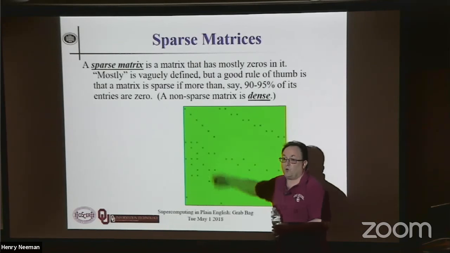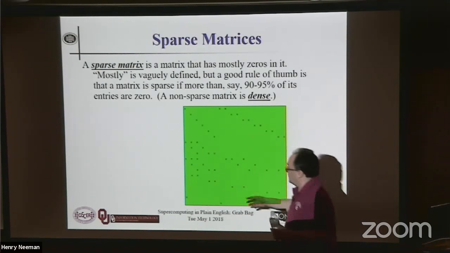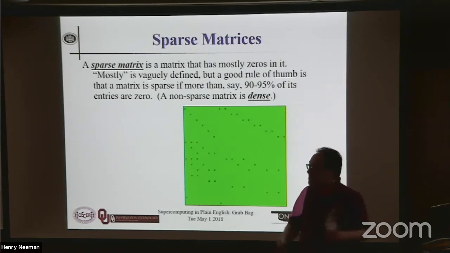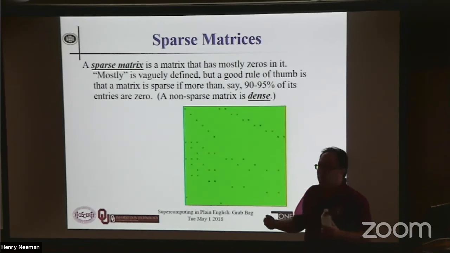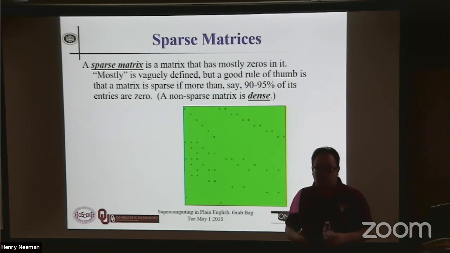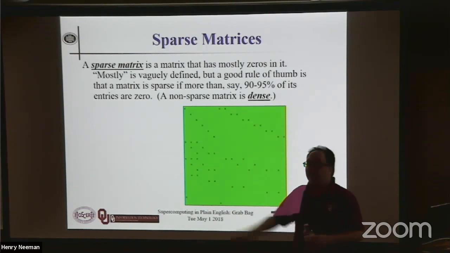I said, well, then we don't really need to have it twice. Can we redo the equations to take into account that these two things are always going to be the same? He said, sure, let's do that. So we redid the thing, and it turned out it took it from a supercomputing problem to a laptop problem. It eliminated so much work, and the problem became trivial to solve.